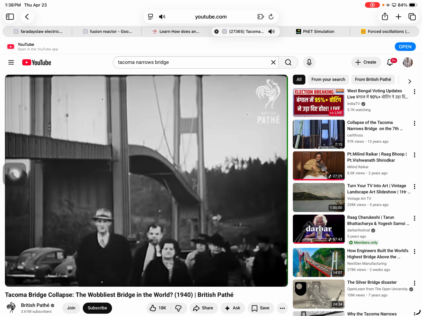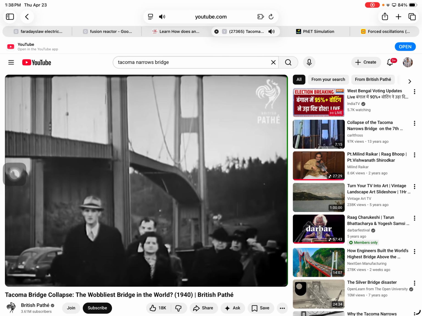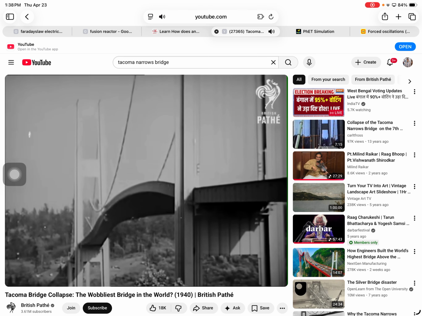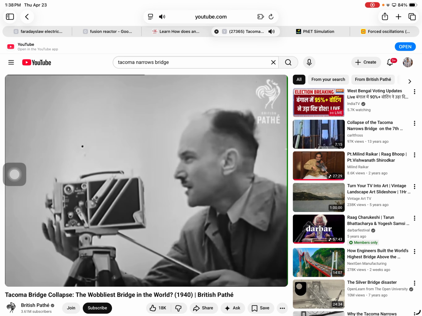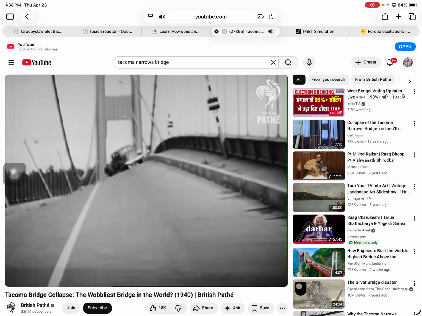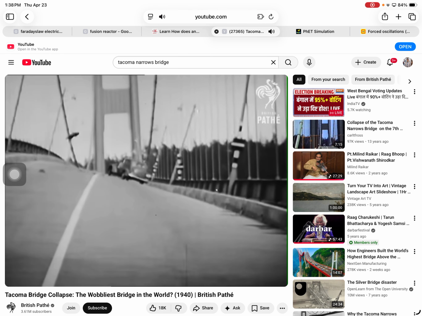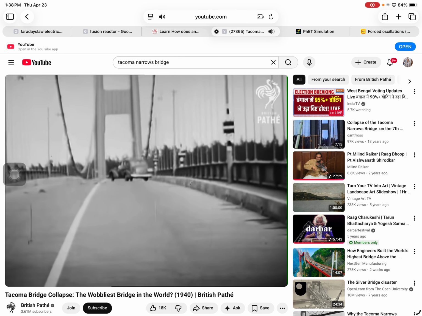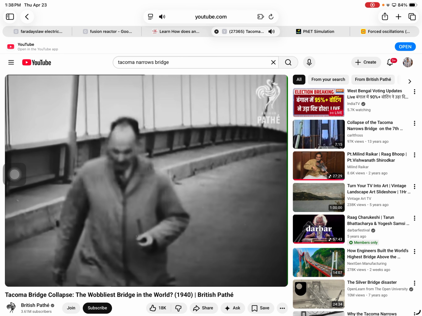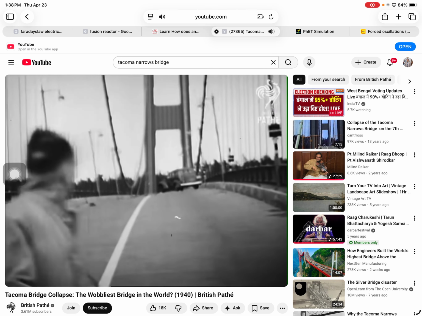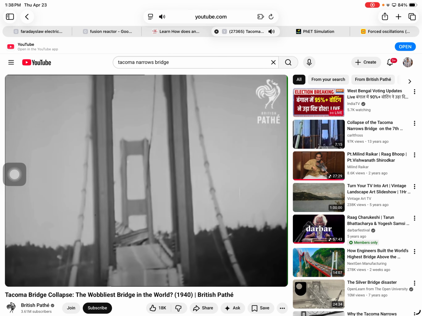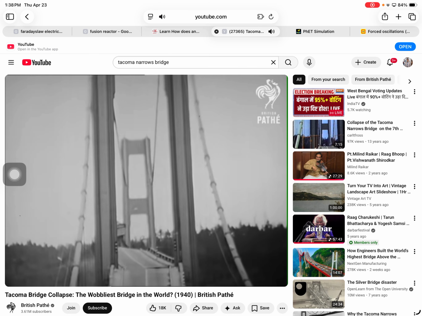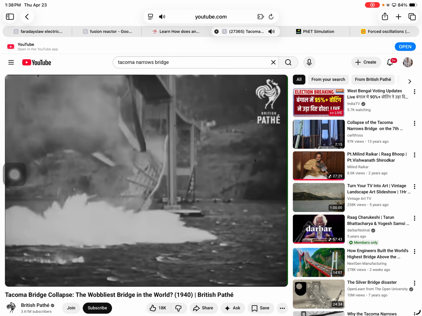Only a 35-mile-an-hour wind is blowing, but this apparently sets up a rhythmic swinging of the bridge, which increases with each swing. Finally, the swinging road and the suspension cables give way and plunge into the water below. Fortunately, the only casualties were a car stalled on the bridge and a dog.